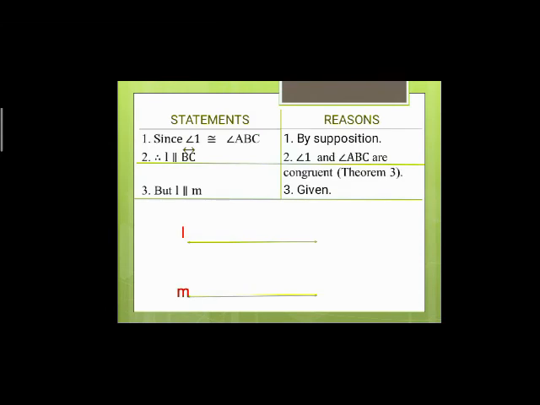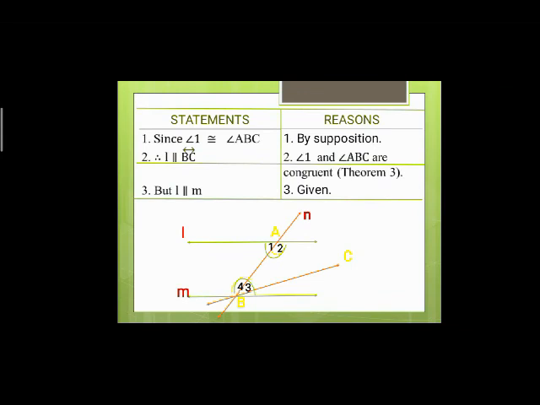Here we have a proof. In the statement you see we have two parallel lines L and M. The line N intersects both the lines at points A and B. Here we have another line segment C, and the lines make angles 1, 2, 3 and 4. Now what's the statement?